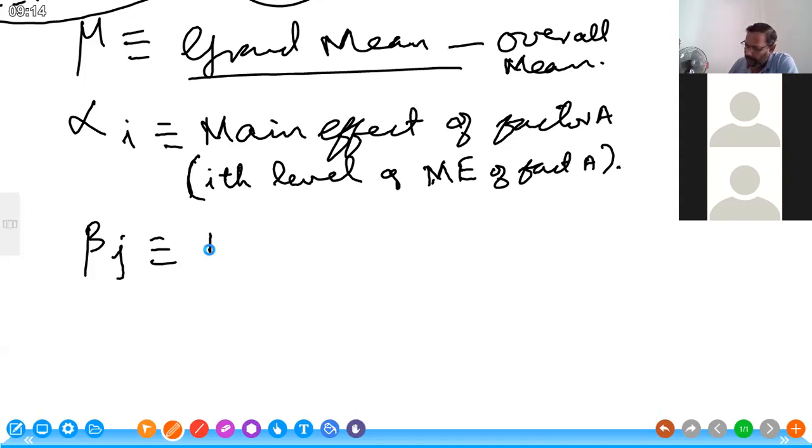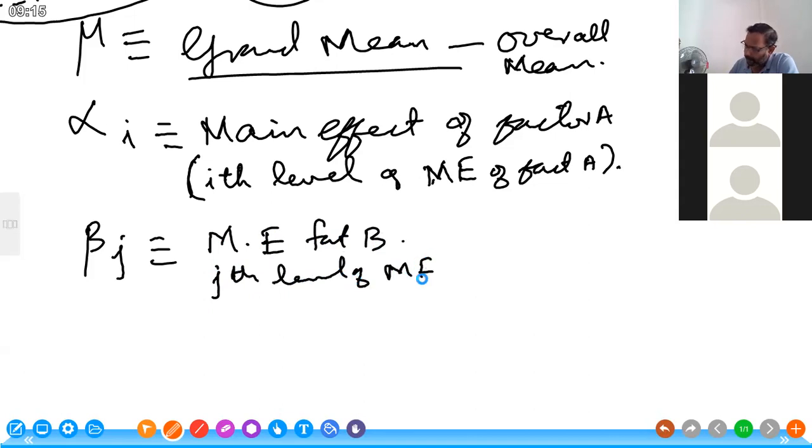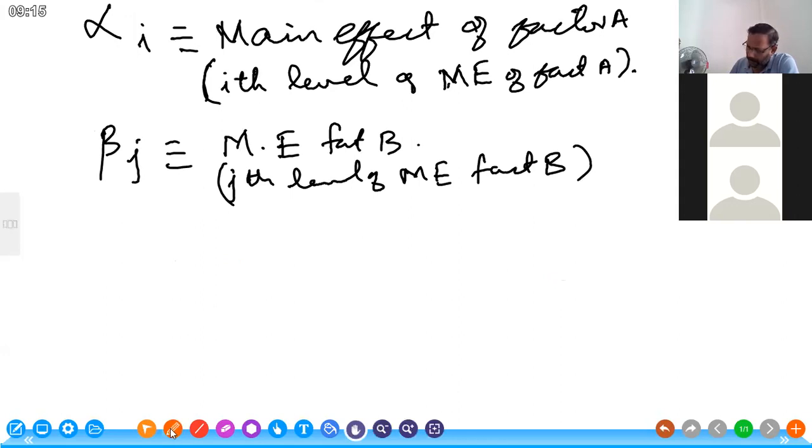So it can be called main effect of factor B. Or we can say jth level of factor B.